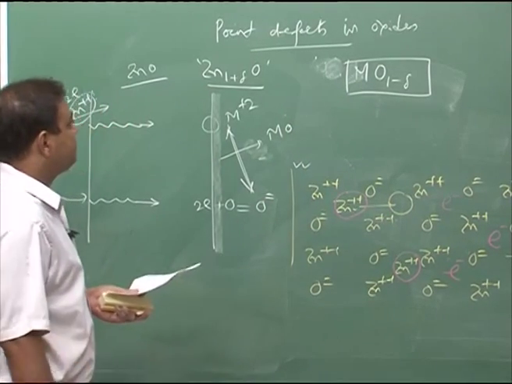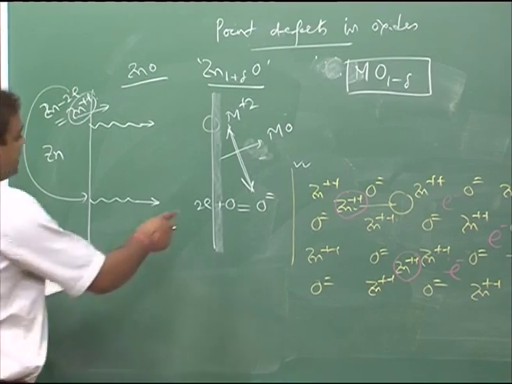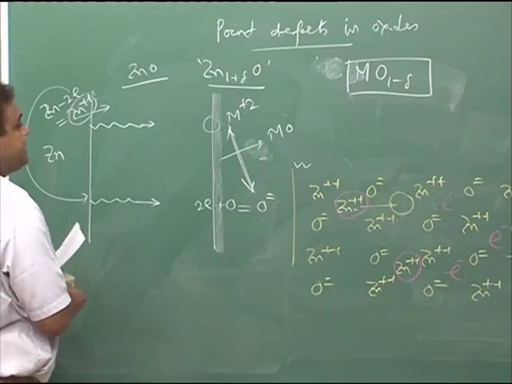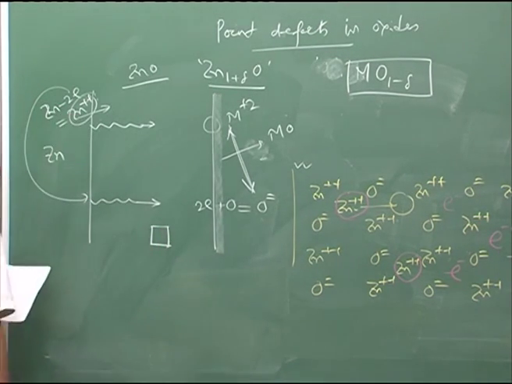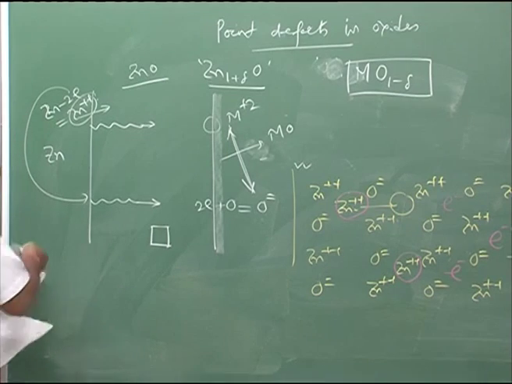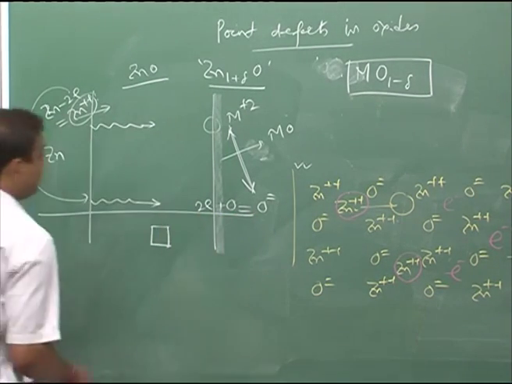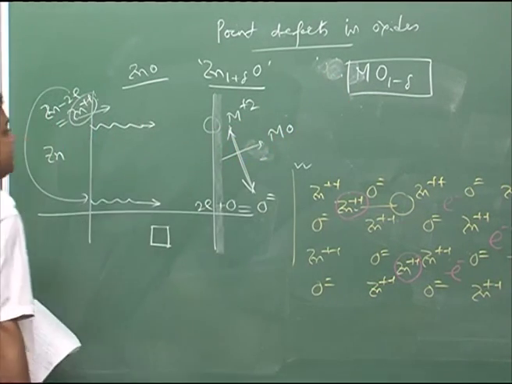So, the diffusion would be of the oxygen anion to this surface. In this case we have oxygen vacancies. This is the second case where you have less oxygen in the lattice.